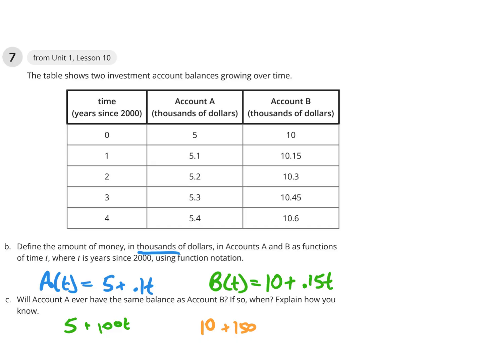So no, they will never have the same, because B starts higher and it has a greater amount of change. So if you were to graph these, A would start and look like this, and then B would start higher and look like that. It would have a greater slope. So lines can never cross on a positive axis.